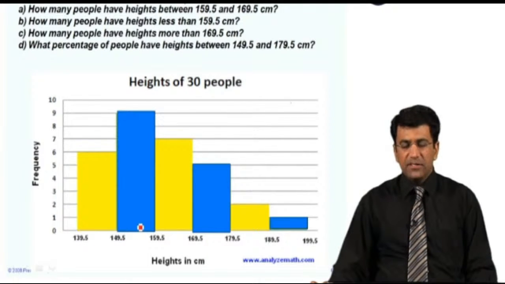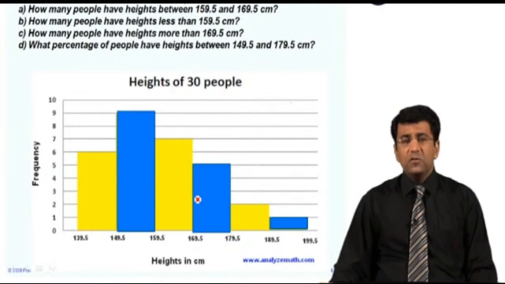Again, the next class interval is 149.5 to 159.5, and the frequency for this particular class interval is 9. What is meant by that? There are 9 people who have the heights in between 149.5 and 159.5. So accordingly, we can draw the frequencies for the different class intervals.